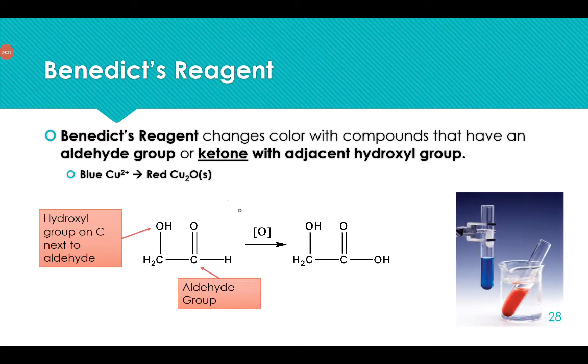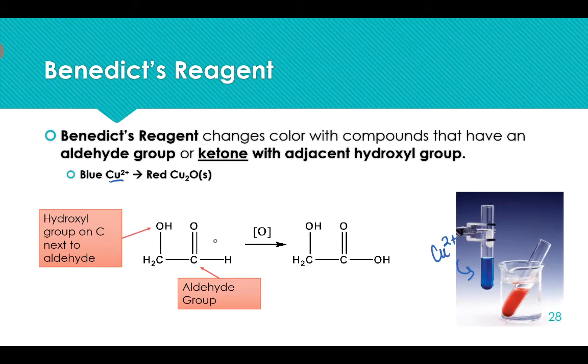Another type of oxidizing agent for selectively oxidizing aldehyde functional groups is Benedict's reagent. Benedict's reagent involves copper ions. Copper ions here are blue, so that's our copper 2+ ions.